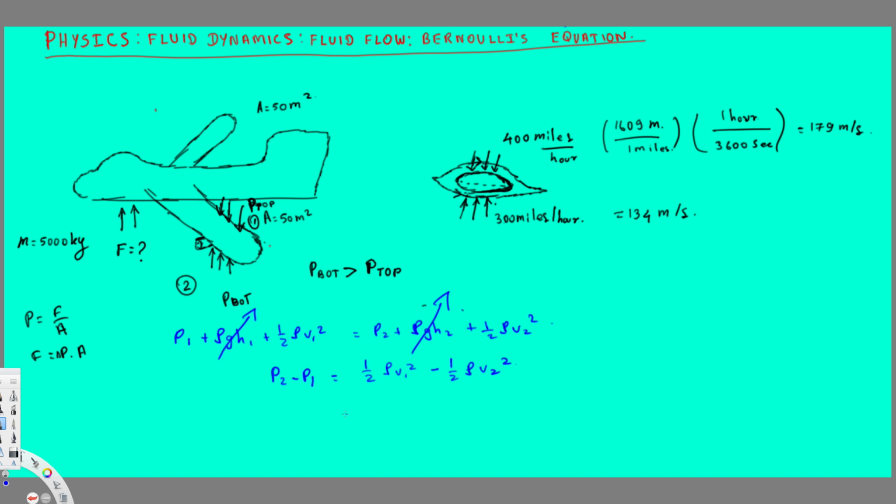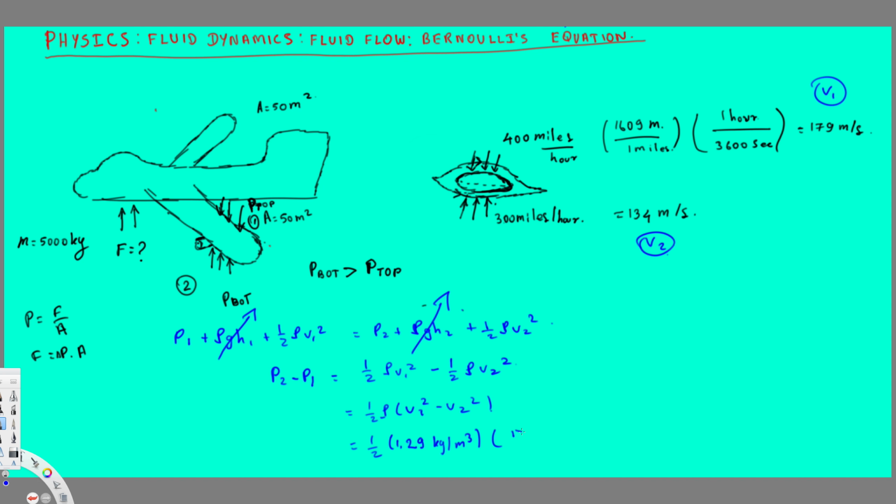We can take half rho common, so that's going to give us V1 square minus V2 square. Let's calculate these values. Half, and the density of the air in the atmosphere is usually 1.29 kilogram per meter cube, times this velocity. We are taking 1 as top, so V1 is top, V2 is bottom.